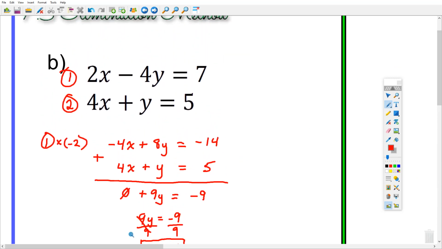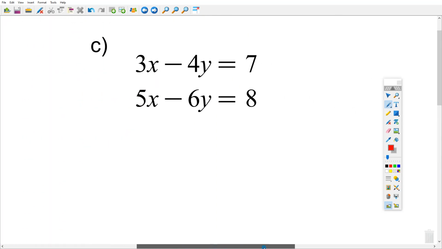So if we look at another example, in this one there are no pairs of coefficients that are as easy as the last example, because 5 is not a multiple of 3 and 6 is not a multiple of 4. So what we're going to have to think is, what would my lowest common multiple be? And we can pick and choose.